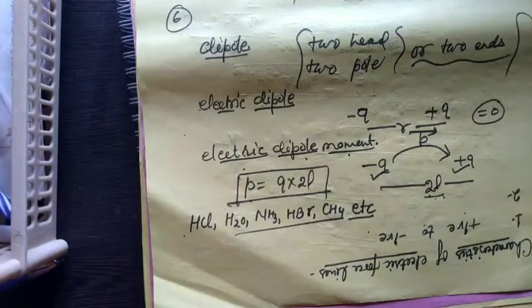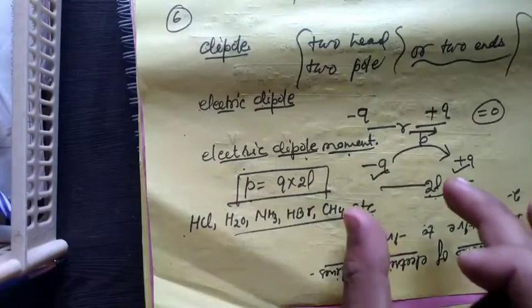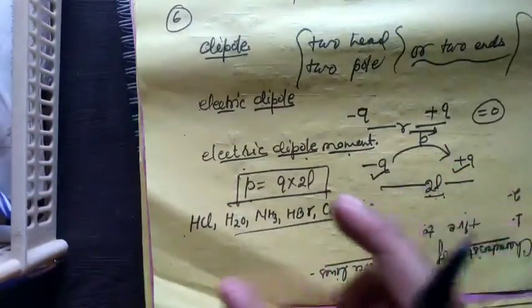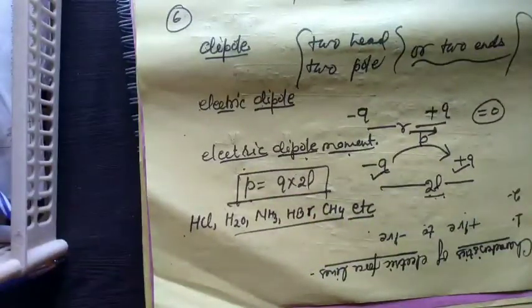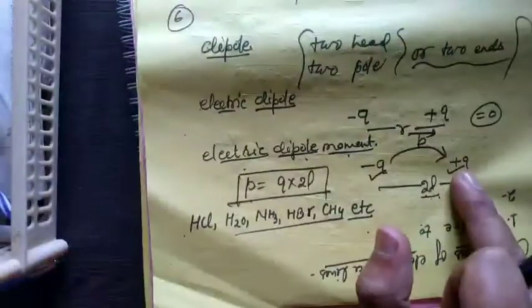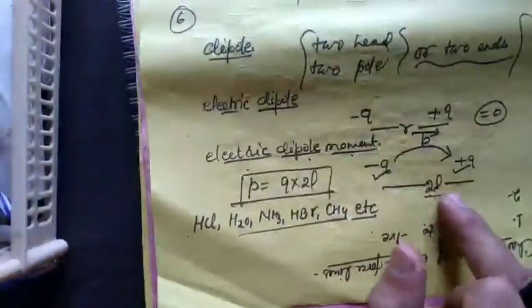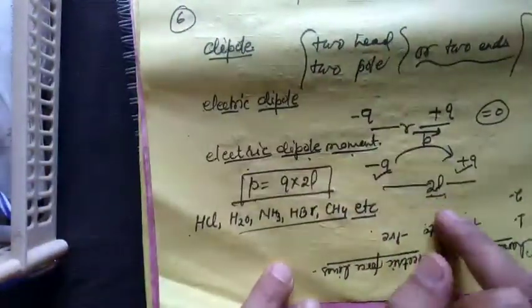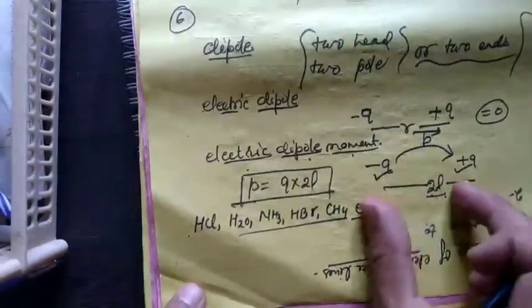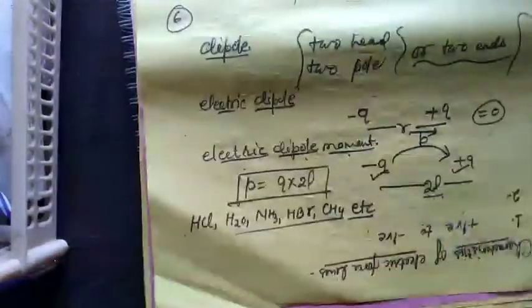The electric field due to an electric dipole is not 0, because the charges minus q and plus q are separated by a distance 2l, and the resultant field is not 0.